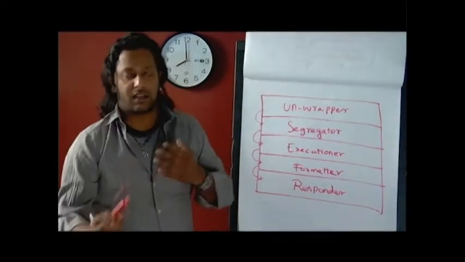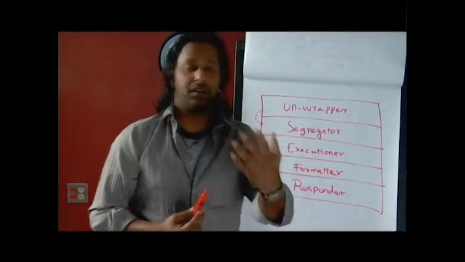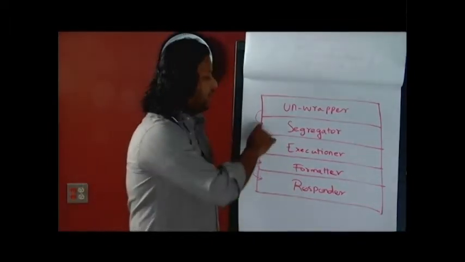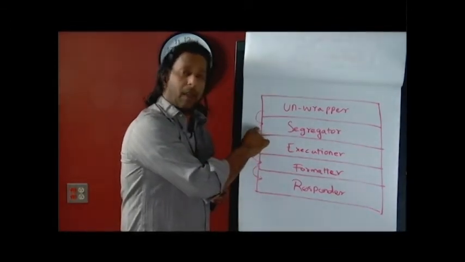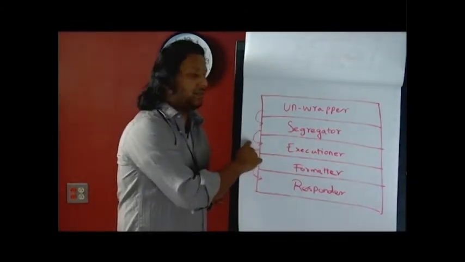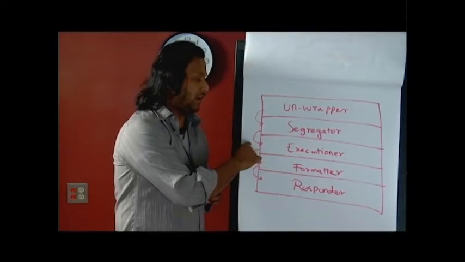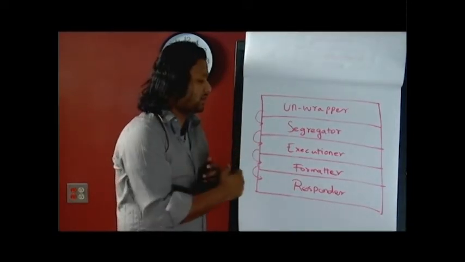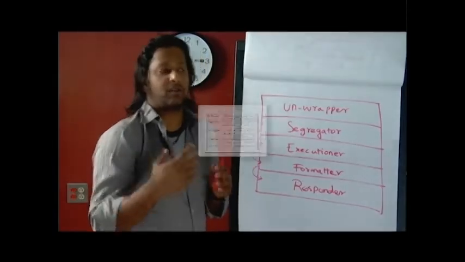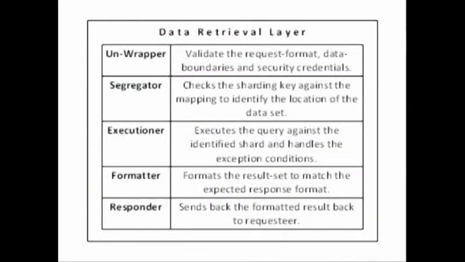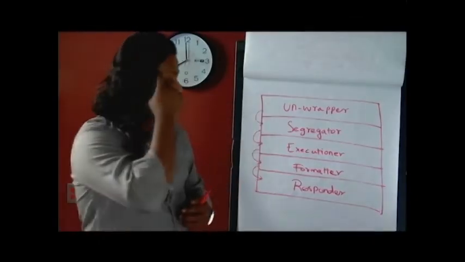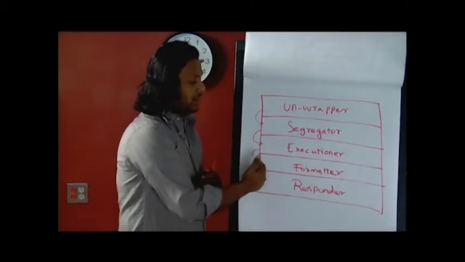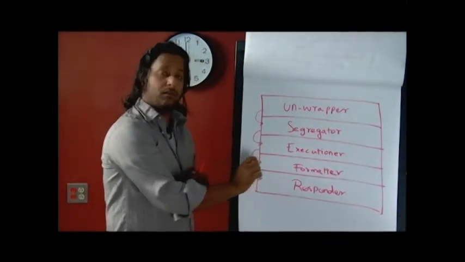It has exception handling for how to return the data when it's not finding the particular mapping of the shard key, or if the SQL is not proper and it cannot validate the database information. And then the formatter makes sure of the expected format. It's a configurable parameter where you can say I want the JSON object versus XML format versus the report format. So all of this happens within the individual module.